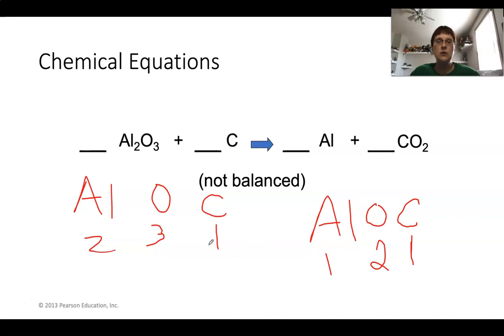So we know that we need to change the number on the oxygen and the aluminum. So let's change the number on the oxygen. And since we're going to multiply, if we put a 2 here, that goes 2 times 3.